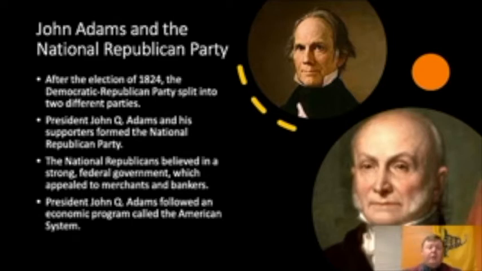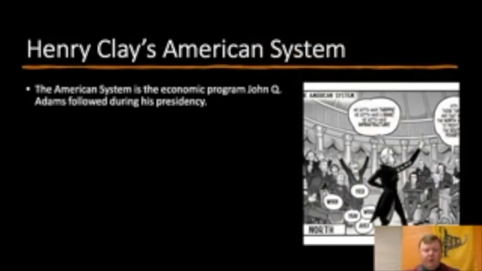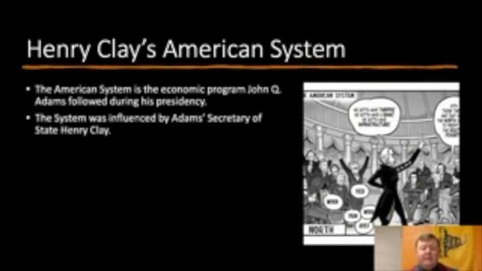John Quincy Adams, while he is president and part of the National Republican Party, follows an economic program called the American System. Let's get a little bit into that. The American System is, of course, the economic program John Quincy Adams followed during his presidency.